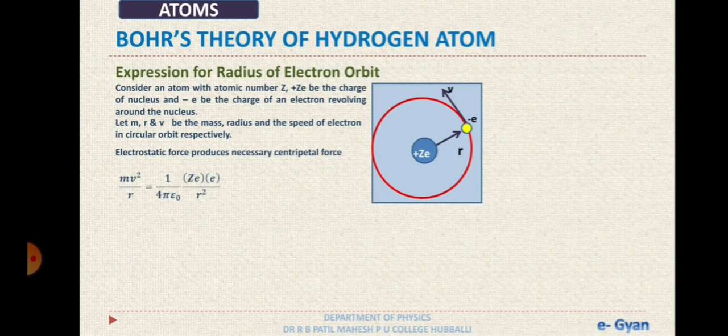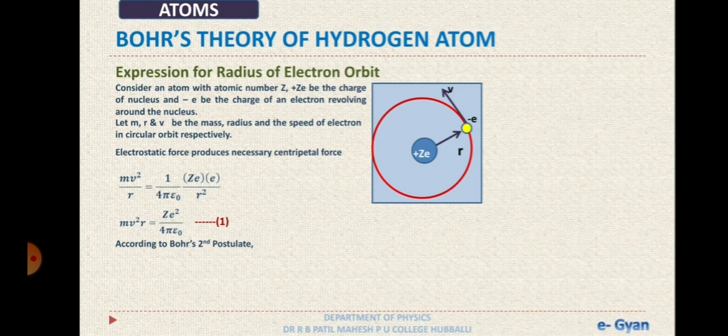Hence we can write mv square by r is equal to 1 upon 4 pi epsilon naught into Ze into e by r square, that is, the charge of the nucleus and the charge of the electron, divided by the square of the distance, which can be further written as mv square r is equal to Ze square by 4 pi epsilon naught. Let us call this equation number 1.